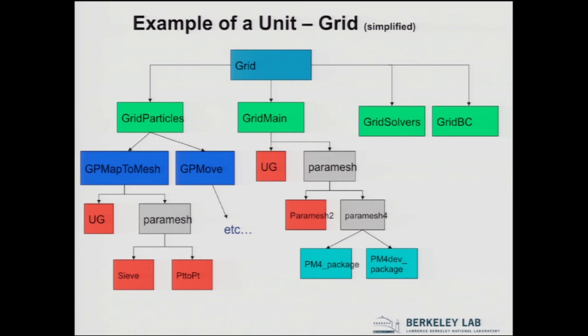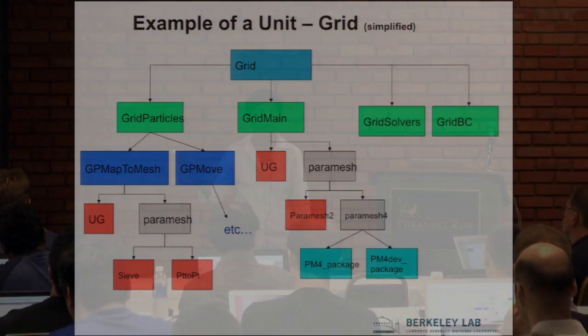So there are companion functions that are implemented in this subunit that exists within grid called grid particles, and this is where all of the functionality that is needed to interact with the data structures that are owned by the grid exist. Back and forth control transfer allows this to operate seamlessly and still lets them maintain their encapsulation.